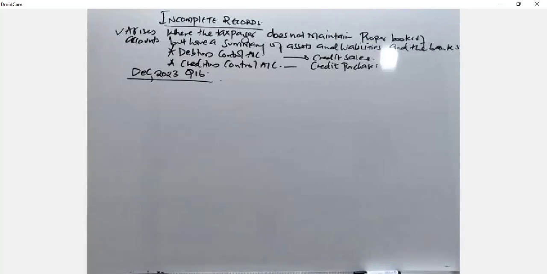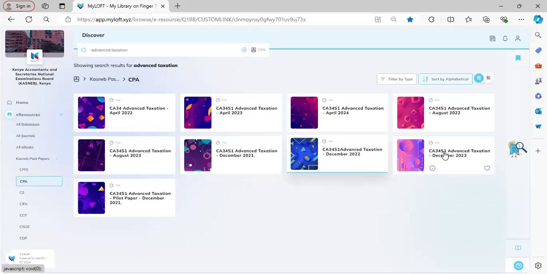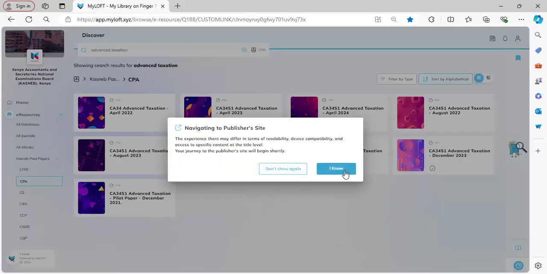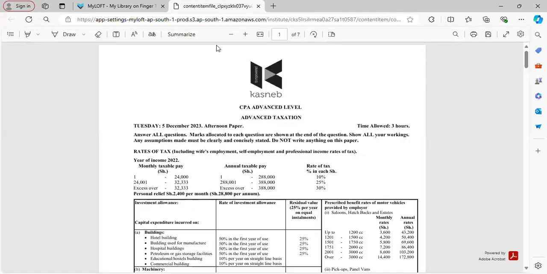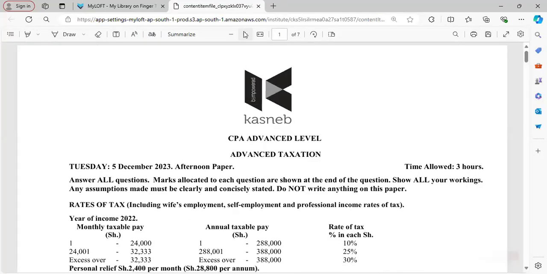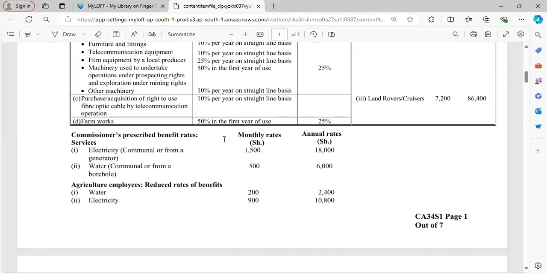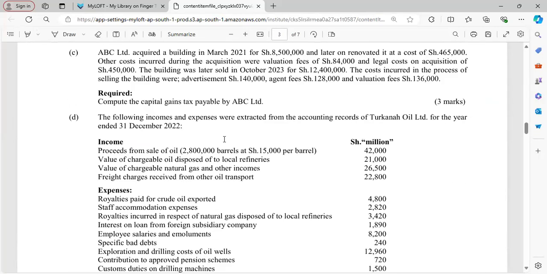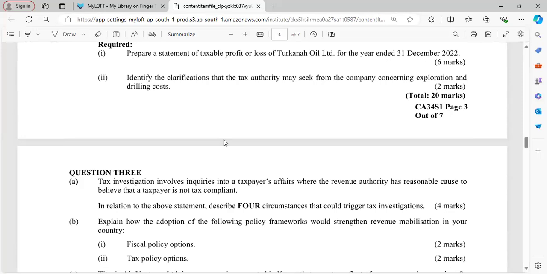Let me go to my questions and share with you. December 2023 is here. So let's look at our questions. Question number 1B. So you can read the question.